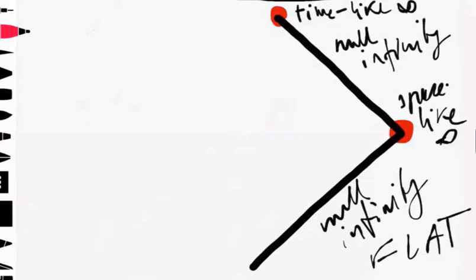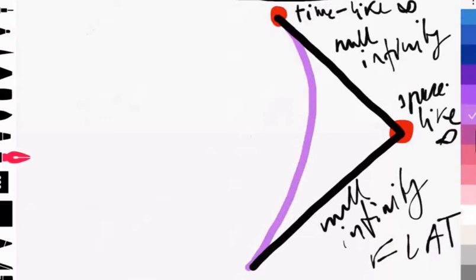So we have lines of constant radii. So this is a constant radius. For instance, a radius of, let's say, 10 m.